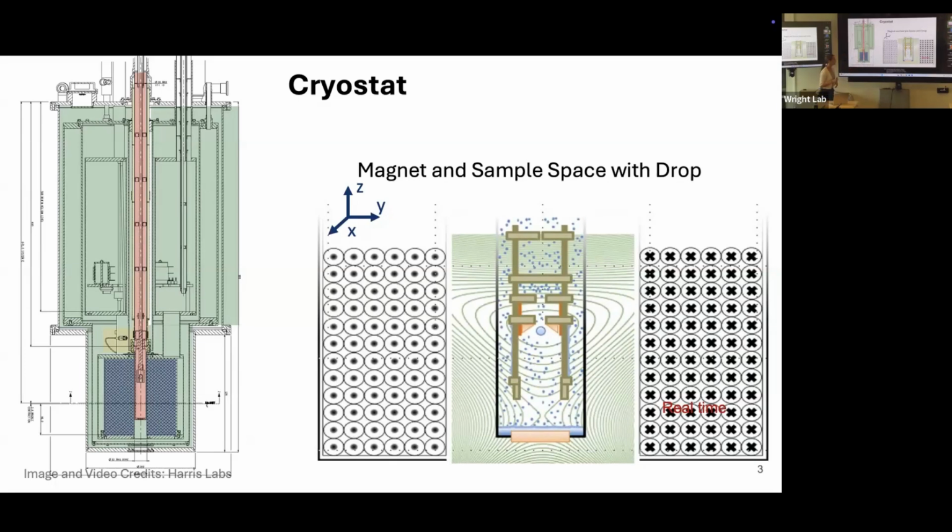So the drop is levitated in this area right here, surrounded by a temperature of 4 Kelvin. Okay, but it's just like room air that's in there, around the drop? I'm unsure about that. It's in vacuum. A vacuum drop. Okay, cool. Thank you.